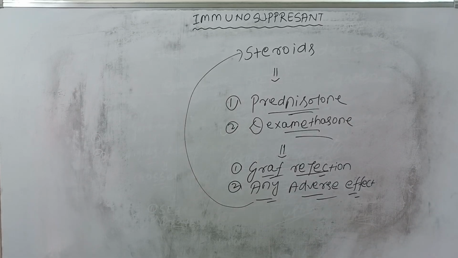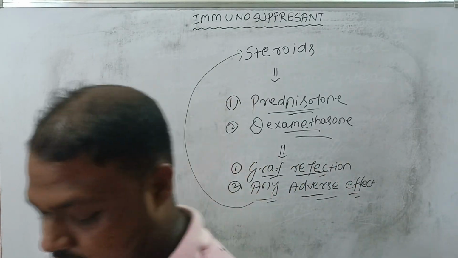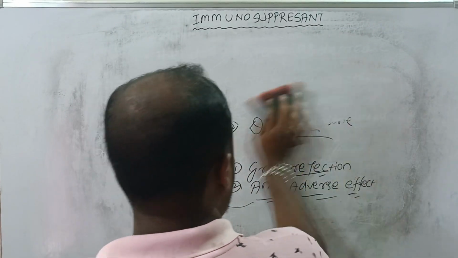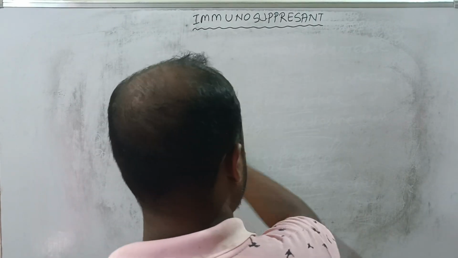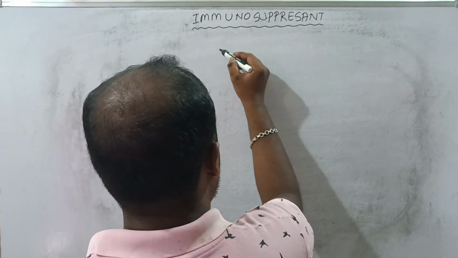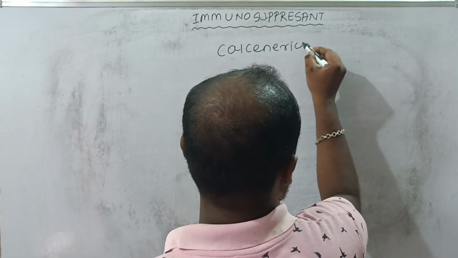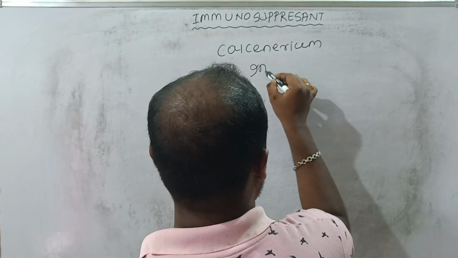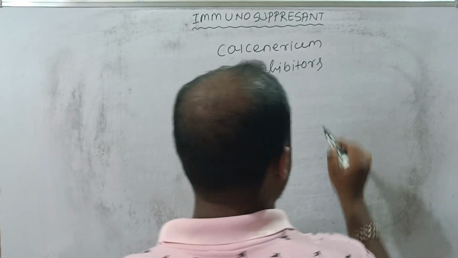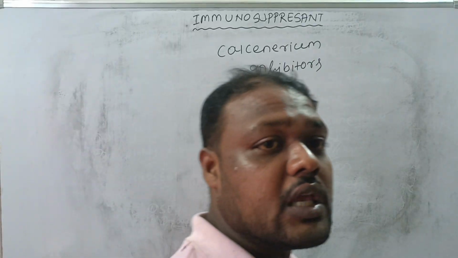Then we move to another immunosuppressant, that is the calcineurin inhibitors. The calcineurin inhibitor is also an immunosuppressant.